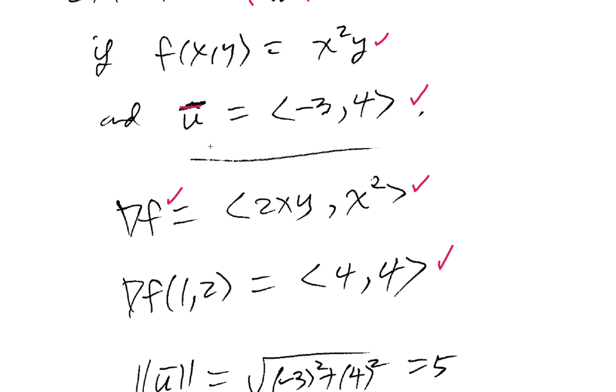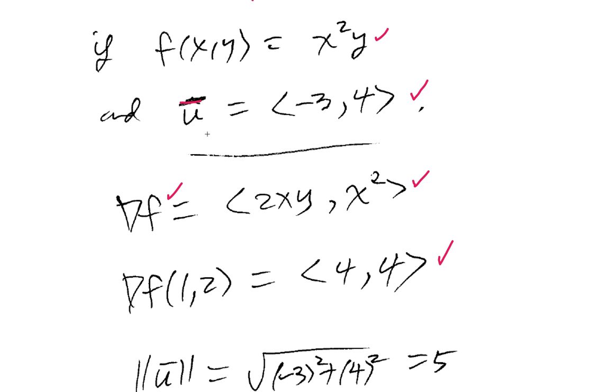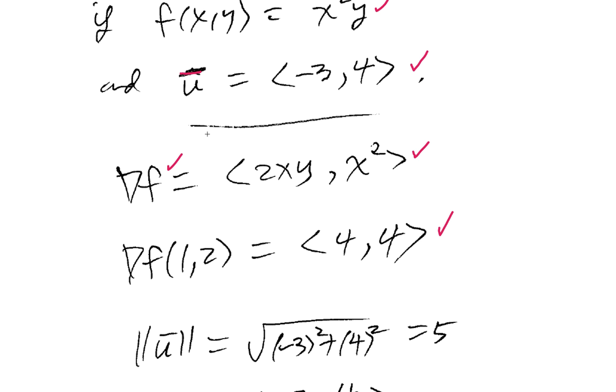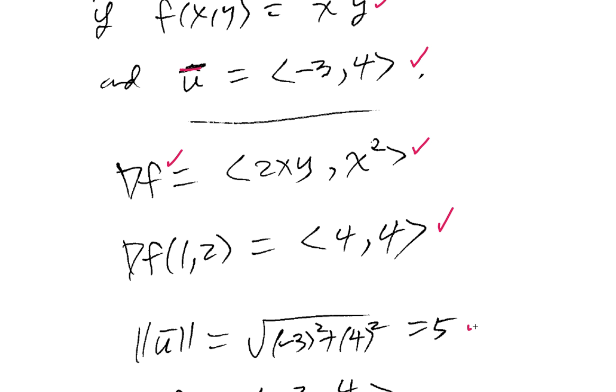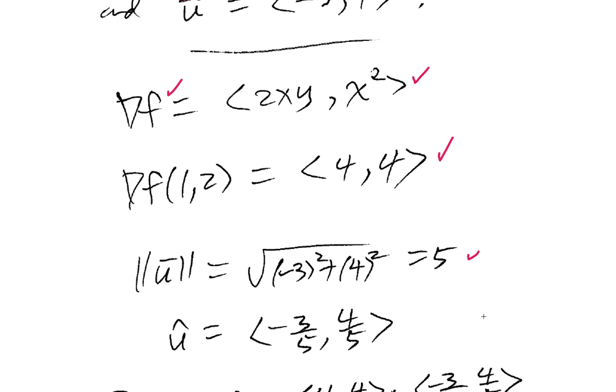Here, because u is not a u hat, I have to actually compute the magnitude of this vector <-3, 4>. It turns out to be a nice Pythagorean triple, so that's actually 5. So the direction u hat is <-3/5, 4/5>.